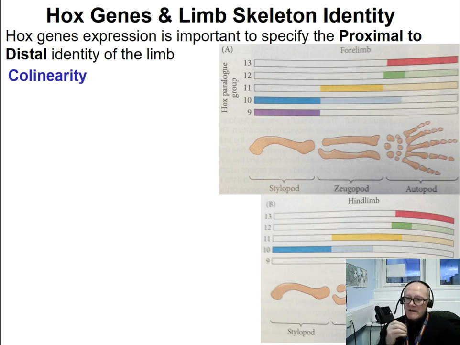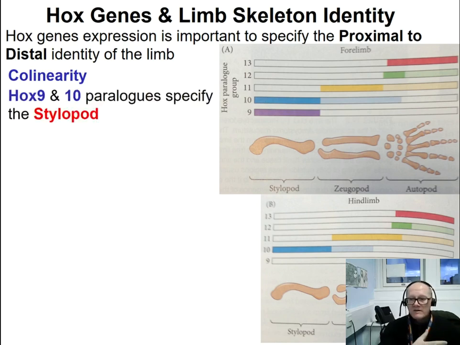And now this same collinearity is employed here along the proximal to distal axis, and some HOX genes are expressed and specify the stylopod, the zygopod, and the autopod.